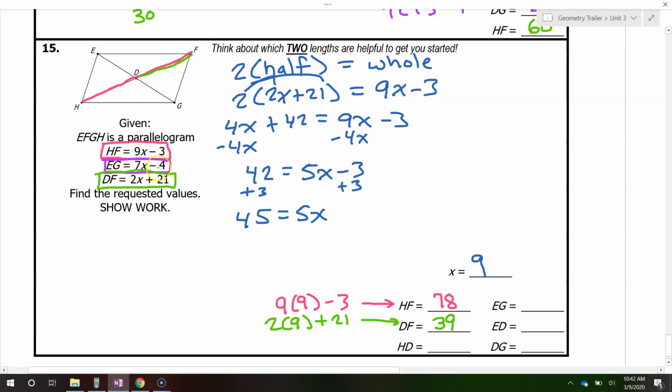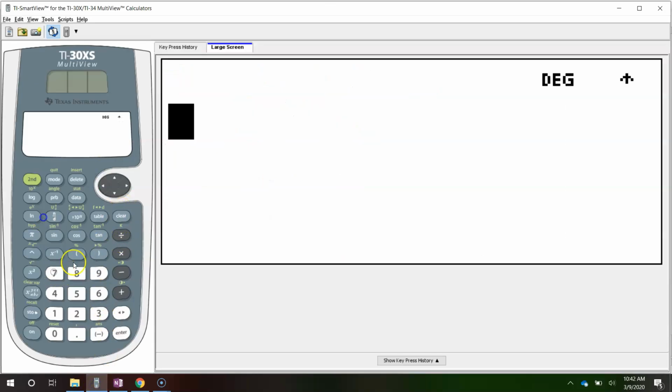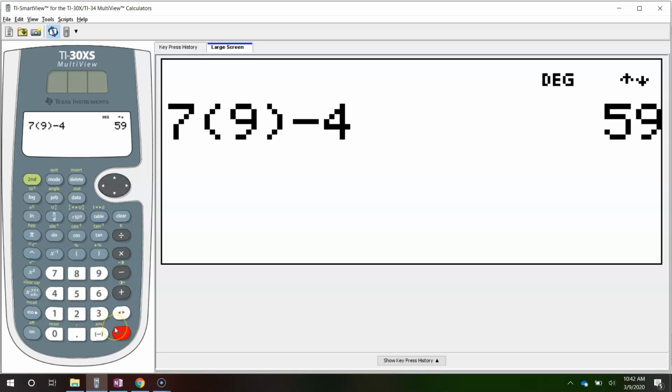EG is 7x minus 4. So that'll be 7 times 9 minus 4. That is 59.